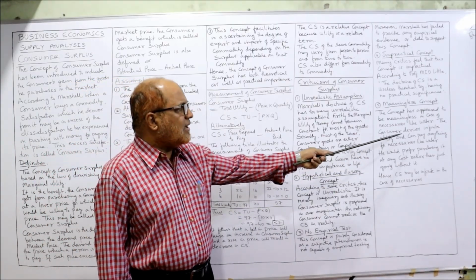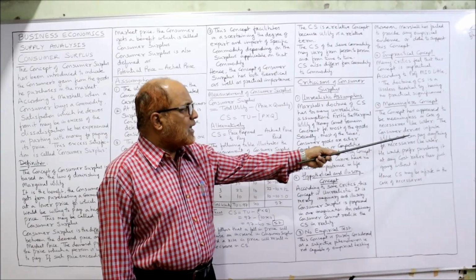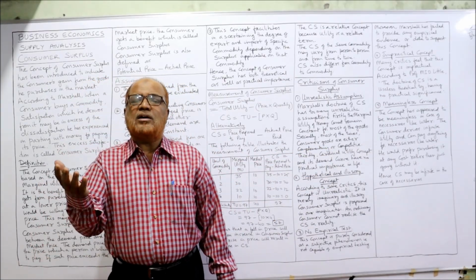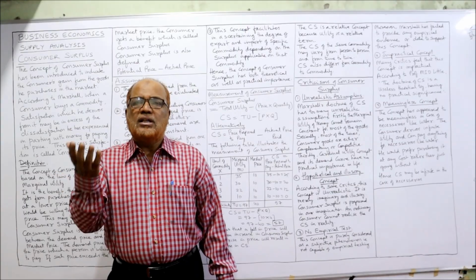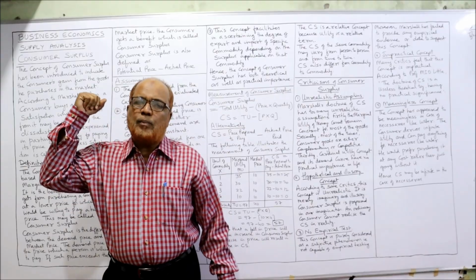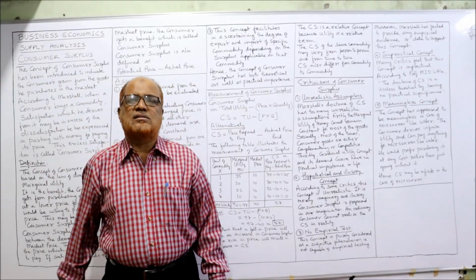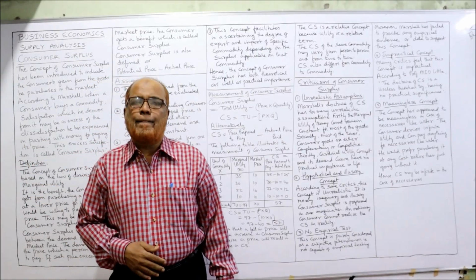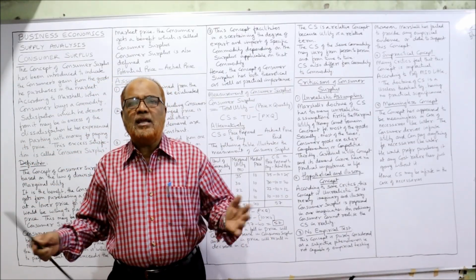Similarly, the consumer derives infinite utility and can pay anything for necessaries like water, medicine or food. These are the necessary items for our life. So a person is ready to pay any price for the necessities. In this case, consumer surplus will fail because he is ready to pay any price.